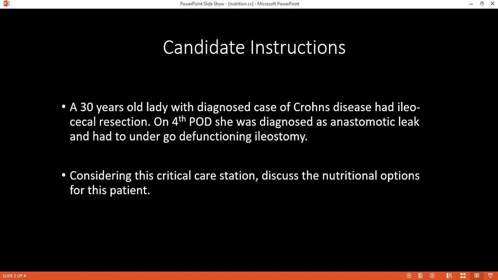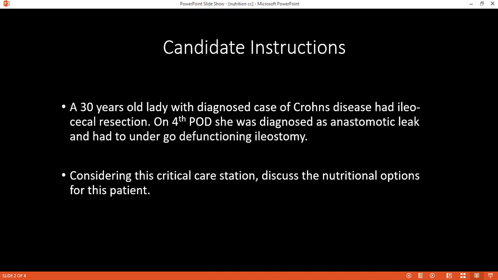Okay, can you please tell me how would you calculate the nutrition that should be given to this patient, and how would you give? Yeah, I'll calculate the nutrition for this patient.